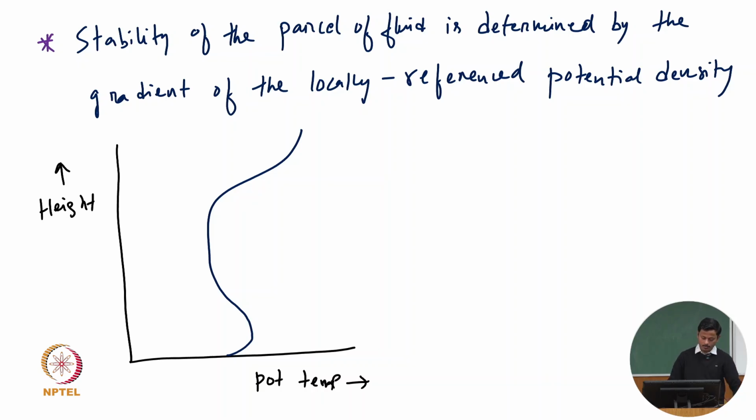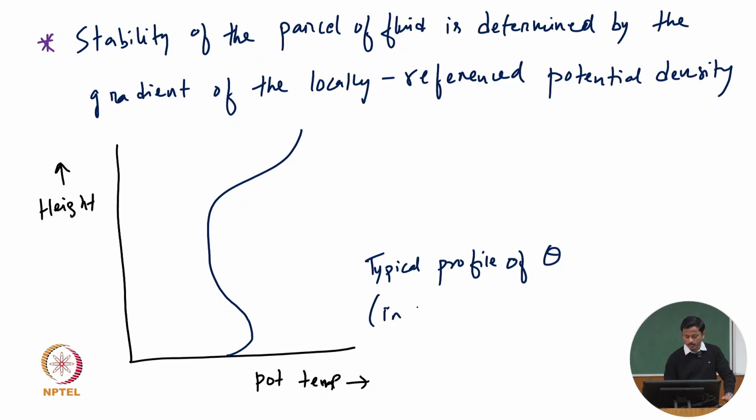So this is a typical profile of theta with height when the bottom, that is the surface, is warmer. This is in the lower atmosphere, of course, a place that we are interested in. As you can see, there are regions of both stability and instability.